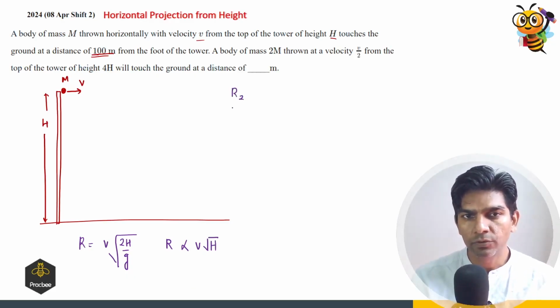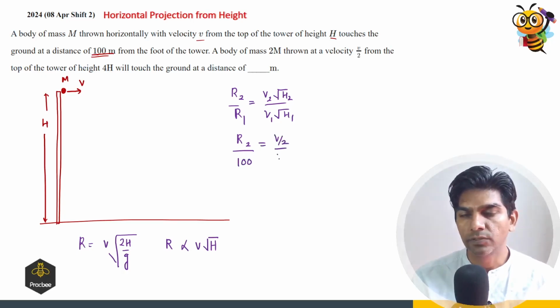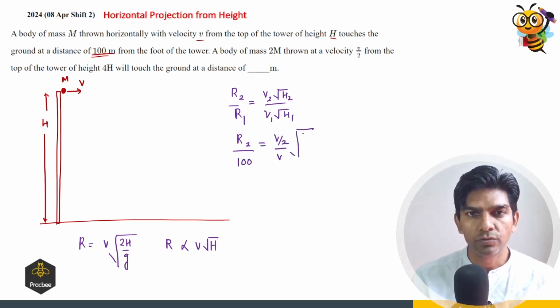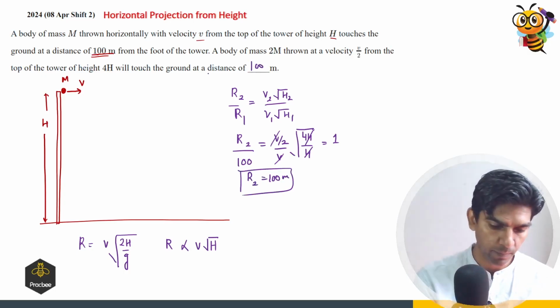So r2 by r1 will be equal to v2 times root h2 divided by v1 times root h1. So r2 we have to calculate. R1 is given as 100. V2 is v by 2, v1 is v, h2 is 4 times h, and h1 is h. So this will give us 1. So the range will be 100 meters. There is no change in the range. It will remain the same. So 100 is the answer.